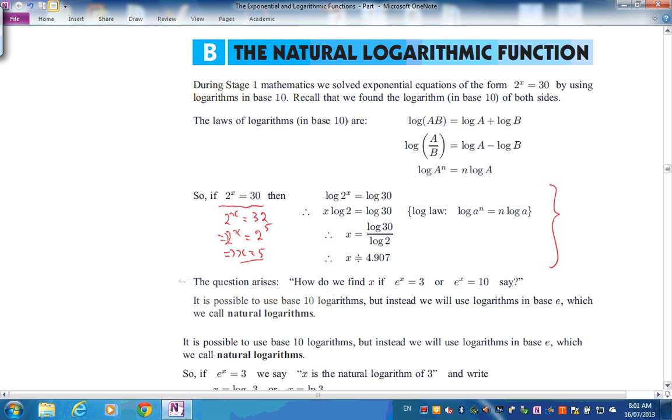Now, because it's not 30, we have to still try to write both sides as power of the same base, but we're going to use base 10, and we're going to take the log of both sides, which is saying basically that we're looking at the power of 10 to get 2 and the power of 10 to get 30. That's that line there. And then dividing them, we've gotten our answer for x.